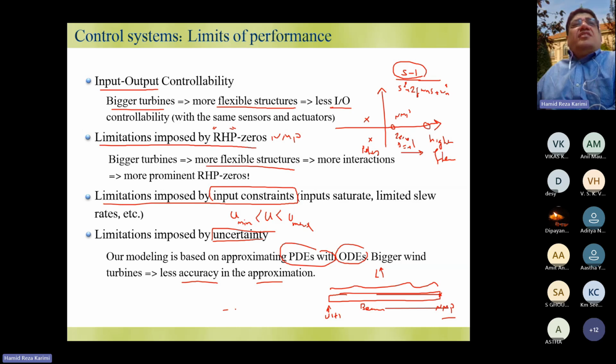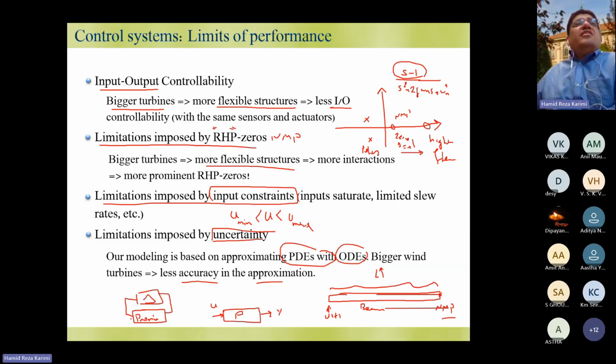This is the reason that if you have a plant P with input and output, you could say that with the uncertainty, I have the nominal plant P_N, and then you can add the uncertainty as a delta, something like this.